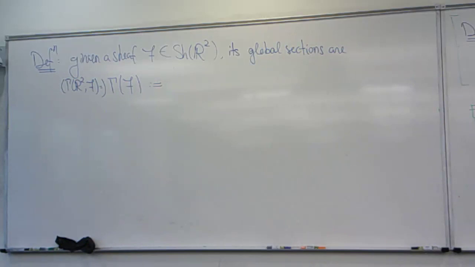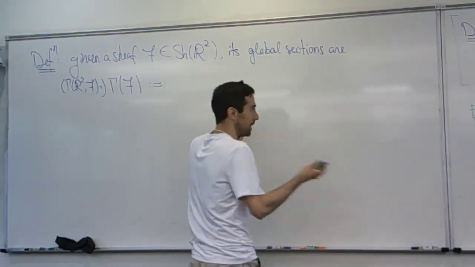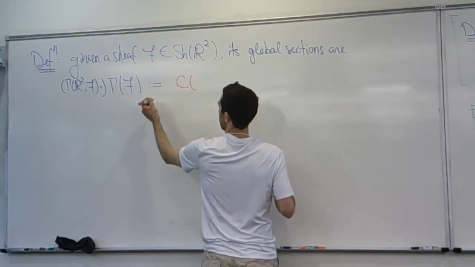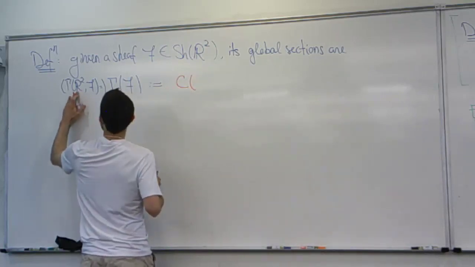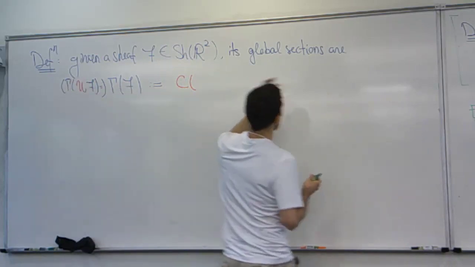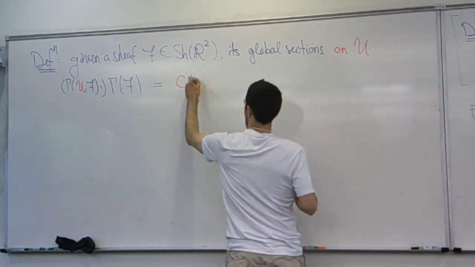First I was using this as a diagram, and therefore it has a limit, and I was using that limit. Now I'm using this as a complex. There's a non-trivial statement that this is a complex. So global sections on an open set U are given by this complex.